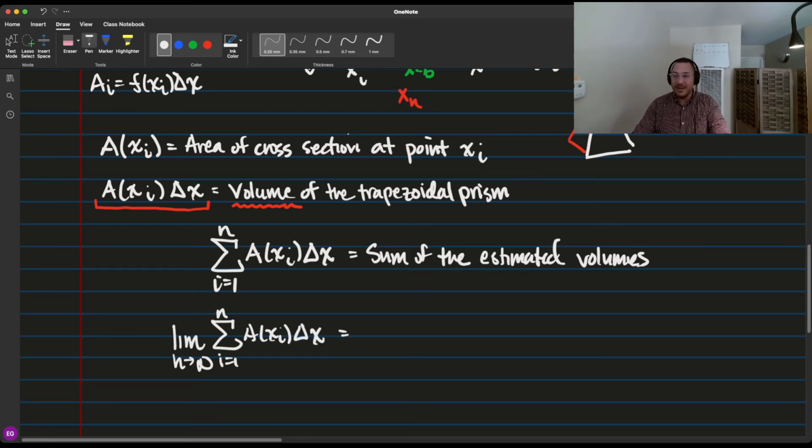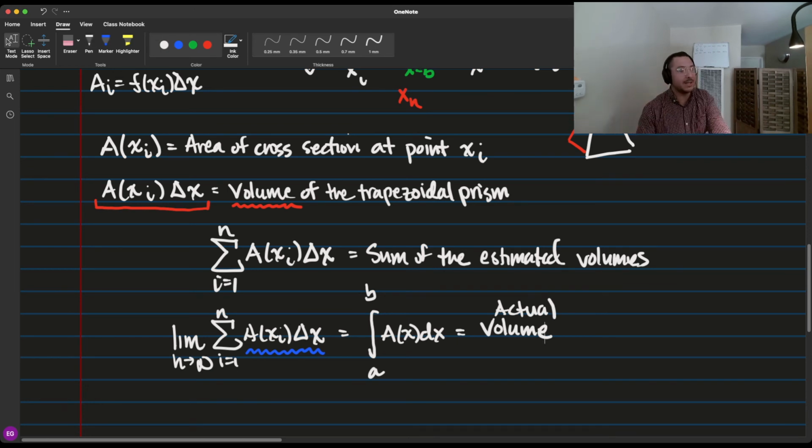And that is a definite integral where we're going to be integrating from a to b. But notice now, instead of integrating f of x, what are we integrating? Big A of x, the cross section. So if you integrate these cross-section area formulas, you get the volume. Yeah, this gives us the actual volume.